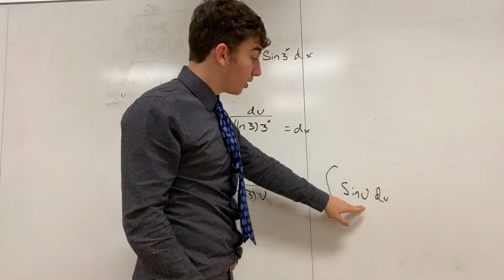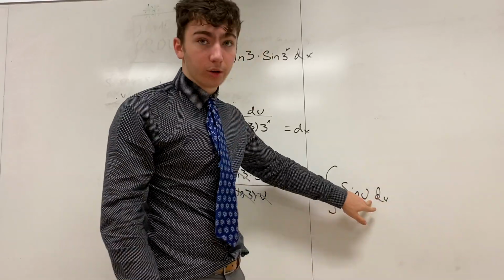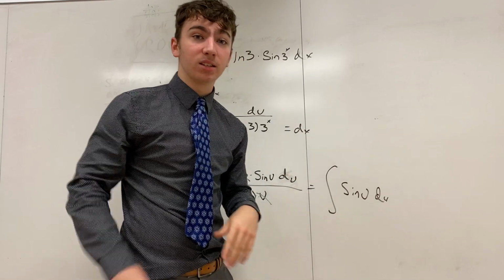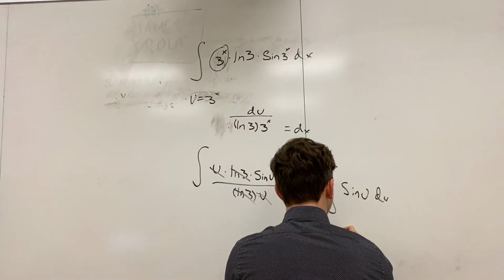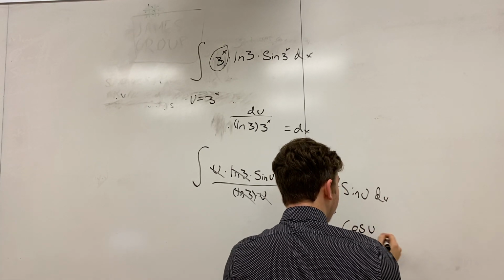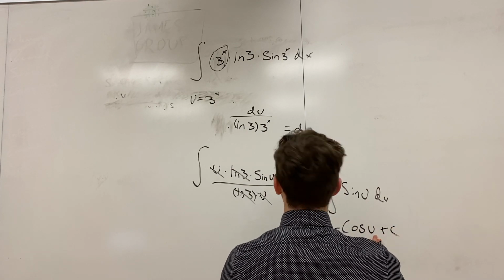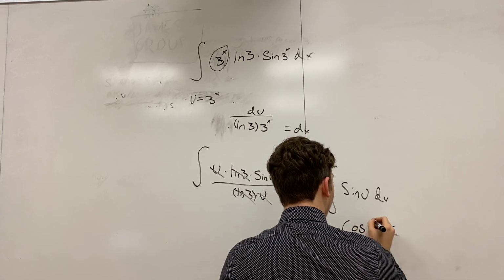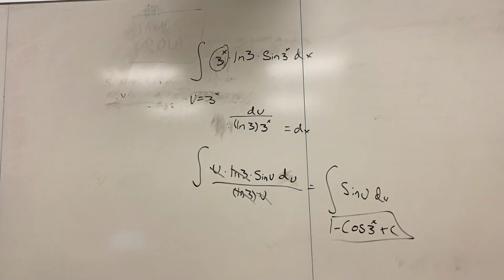But because we're differentiating with respect to u, it's just going to be 1 here. So we don't sub in any of the x's until we're absolutely finished. We get negative cosine of u, divided by 1, so that's just negative cosine u plus c, and then we sub back in 3 to the power of x, and that's our first answer.